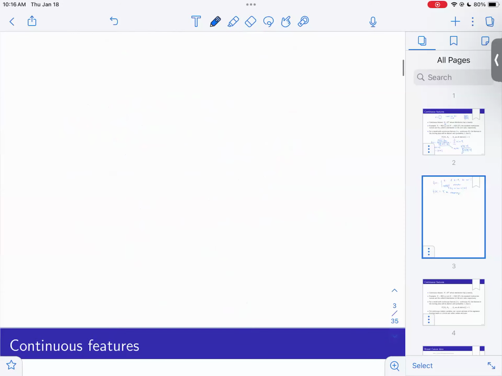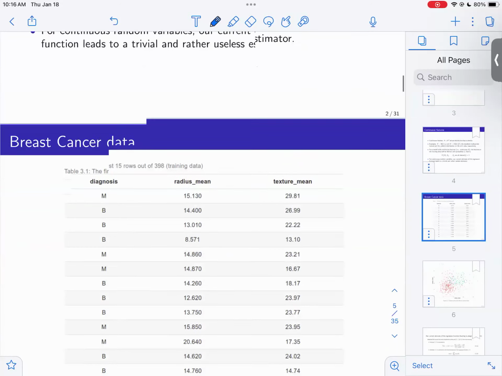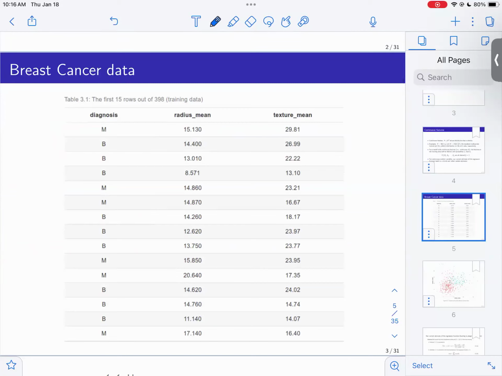So here's an example. It's from the data set I'm going to share, breast cancer data. It's a tumor, a sample of tissue, and this column tells you whether it's malignant or benign. So let's say malignant is like cancer.